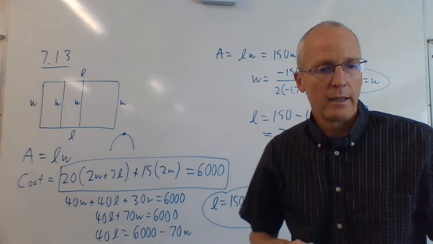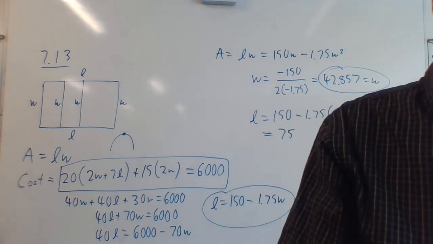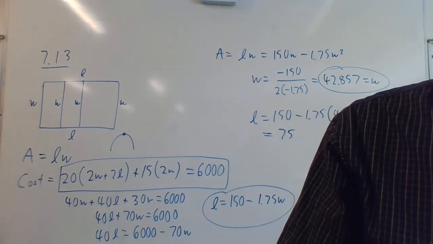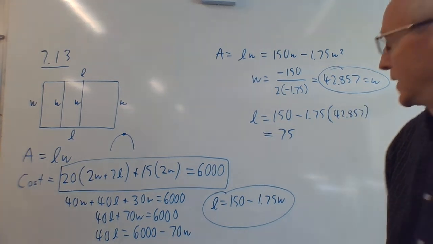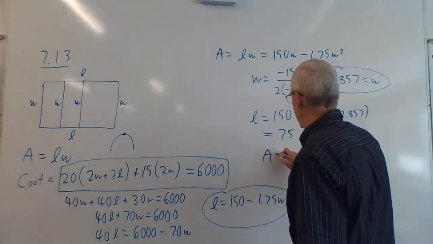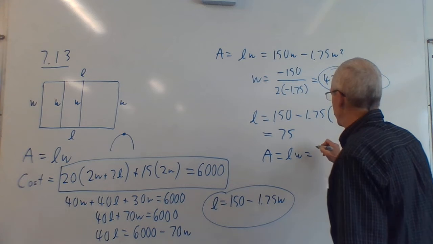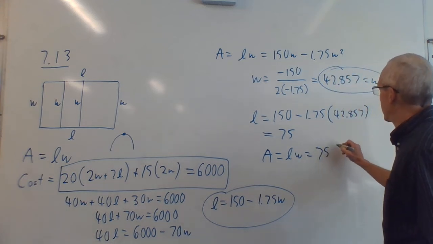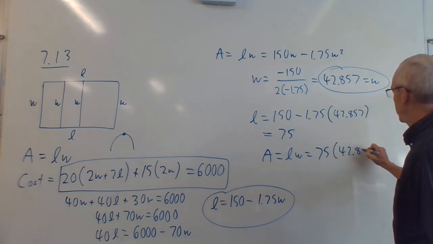Okay, so then, what's the question ask? It says, what is the maximum area you can achieve? So the maximum area you can achieve then is length times width, which is 75 times 42.857.